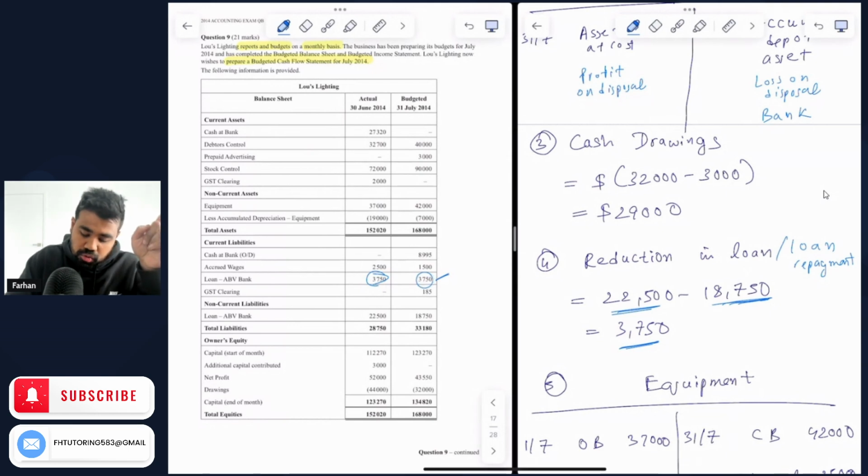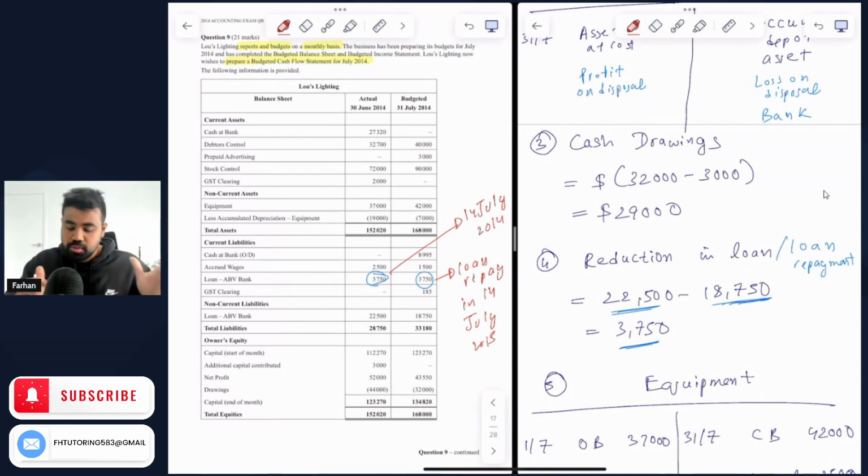That is why rather than seeing a zero here, which is not the case, you see an additional 3,750, which refers to the loan that you will repay on 14 July 2015. So this one referred to 14 July 2014, which is what we already have repaid, and therefore needs to be shown in the cash flow statement. But the other one of 3,750 at 31 July 2014 refers to the current liability within the next 12 months, in 14 July 2015. All right?